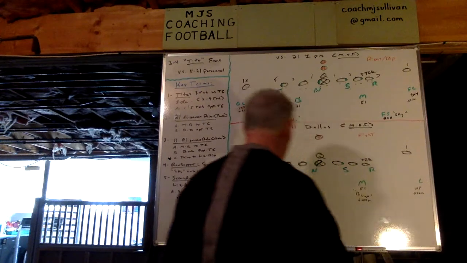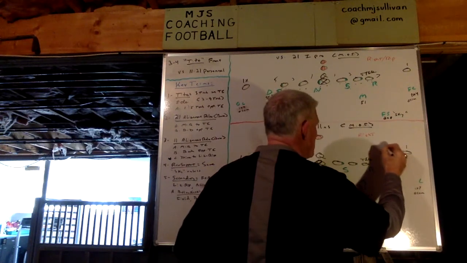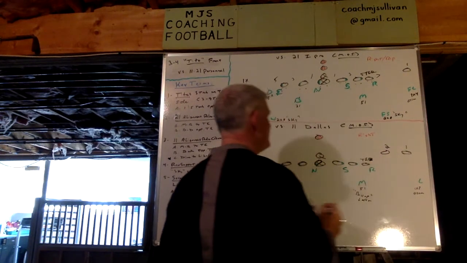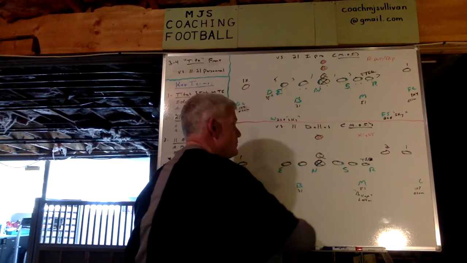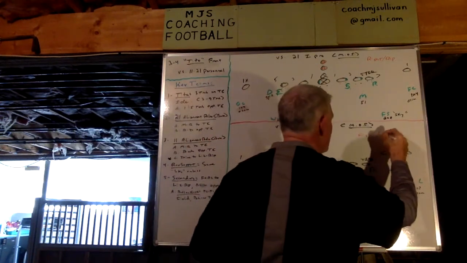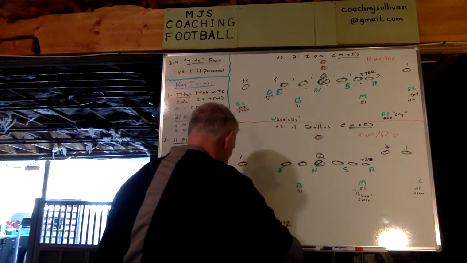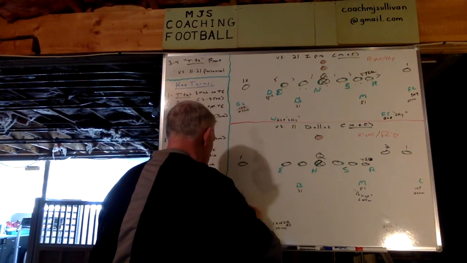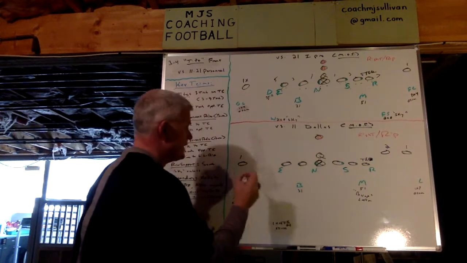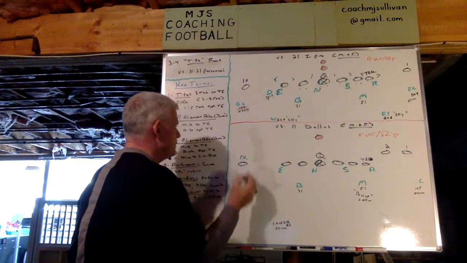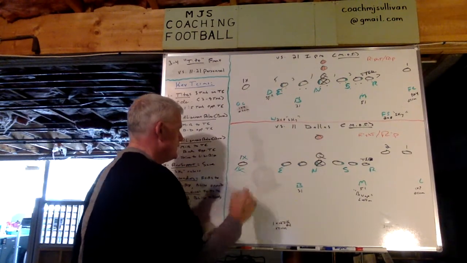If the number 2 were over here, it would still be a right, but now it would also be a rip. And so now, the only difference, right? Correct? It becomes a 1X.